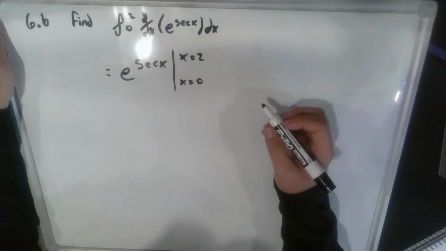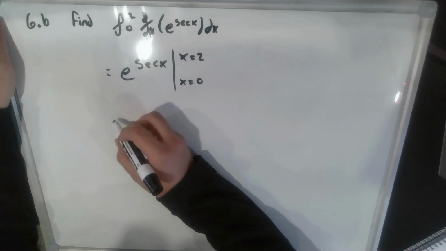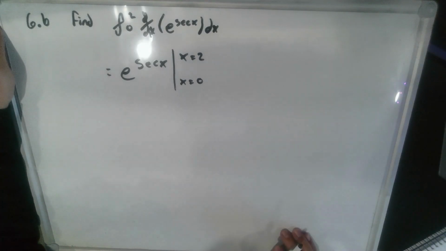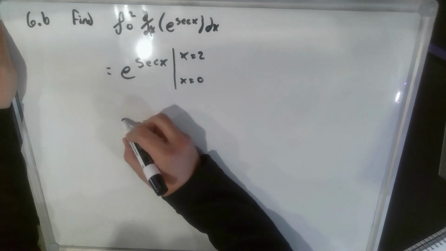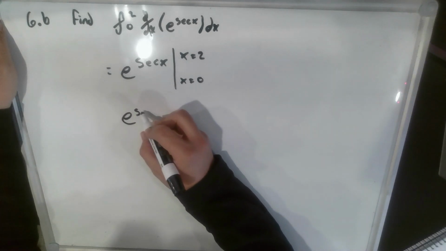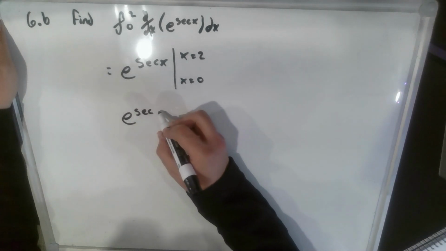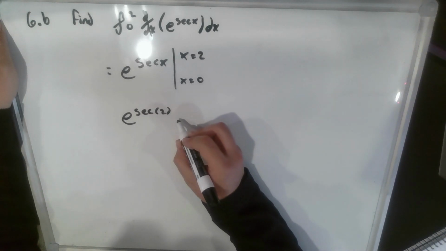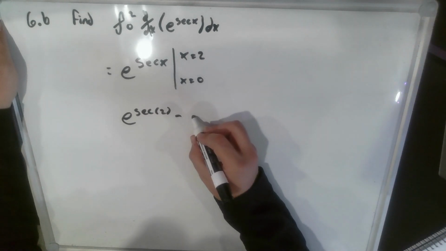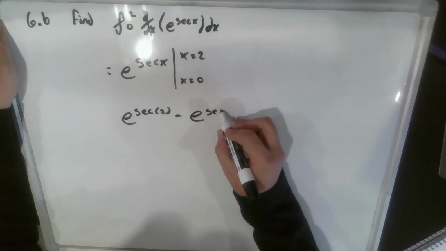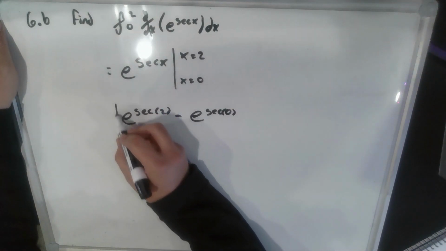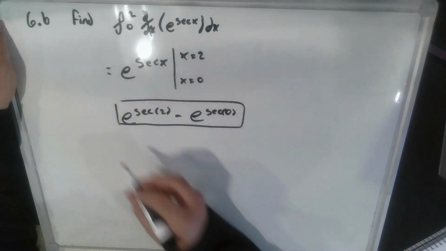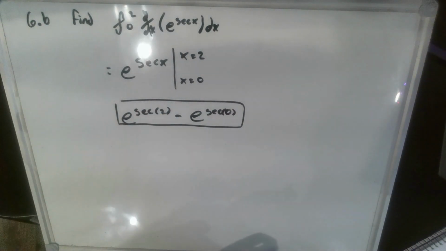Oh wait, no, I'm sorry, this is secant, never mind. So it becomes e raised to the secant of 2 minus e to the secant of 0. And this is the final answer.